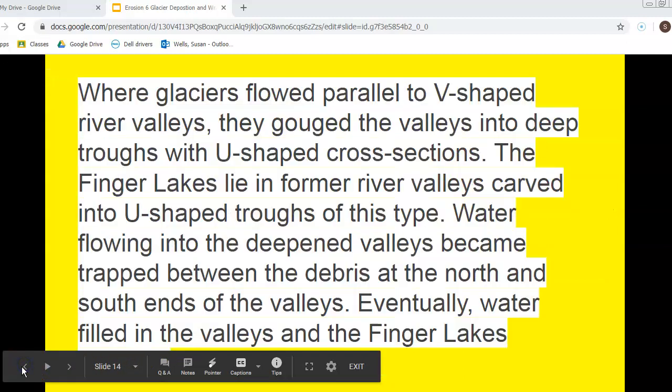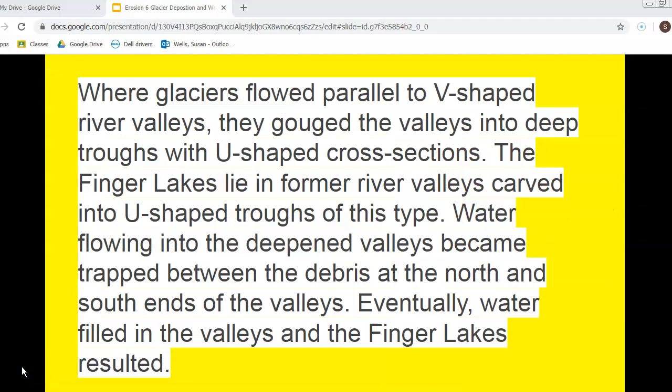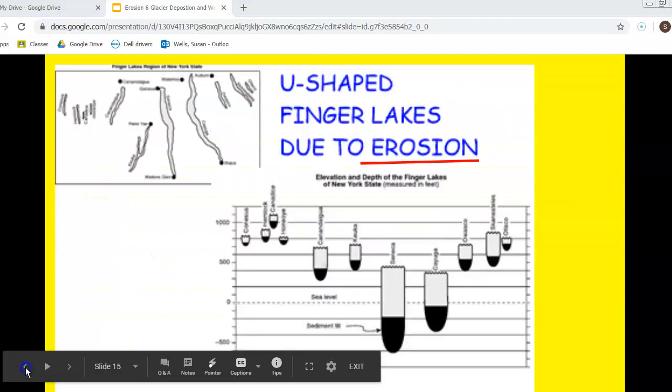This is a pretty wordy slide, but it's showing you how the V shape got turned into a U shape that was a former river valley. The erosion deepened the valley, and you have debris at both ends of the lake that are trapping any water that gets in there, and you'll eventually get water filling in the valleys, and the Finger Lakes resulted.